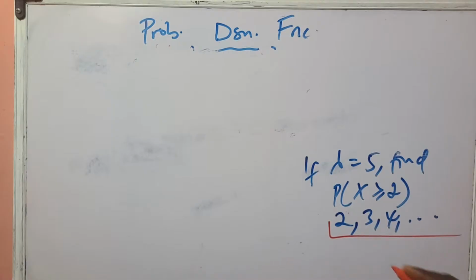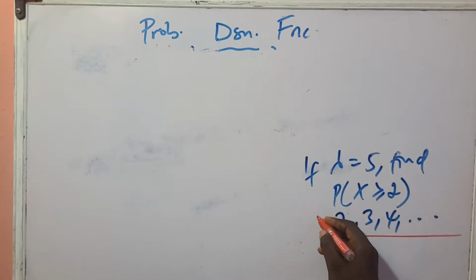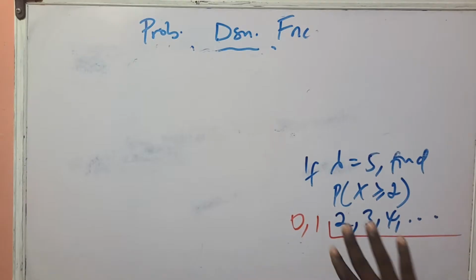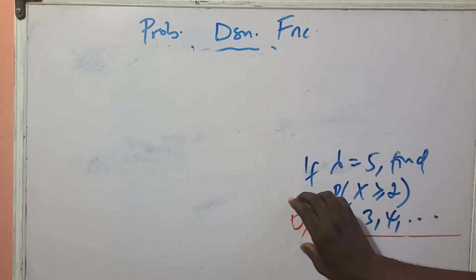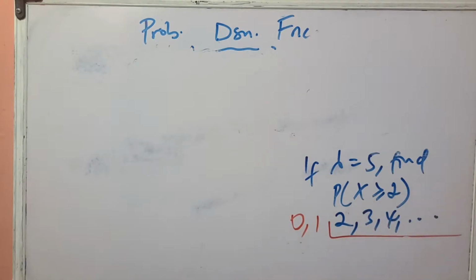But don't forget that there is an easy way you could have approached this. The complement of the set I highlighted here will be 0 and 1, because that's the only thing not in this set. The only things not in this set of 2, 3, 4, and so on and so forth are 0 and 1. So this plus 0 and 1 will make the whole universal set, obviously.